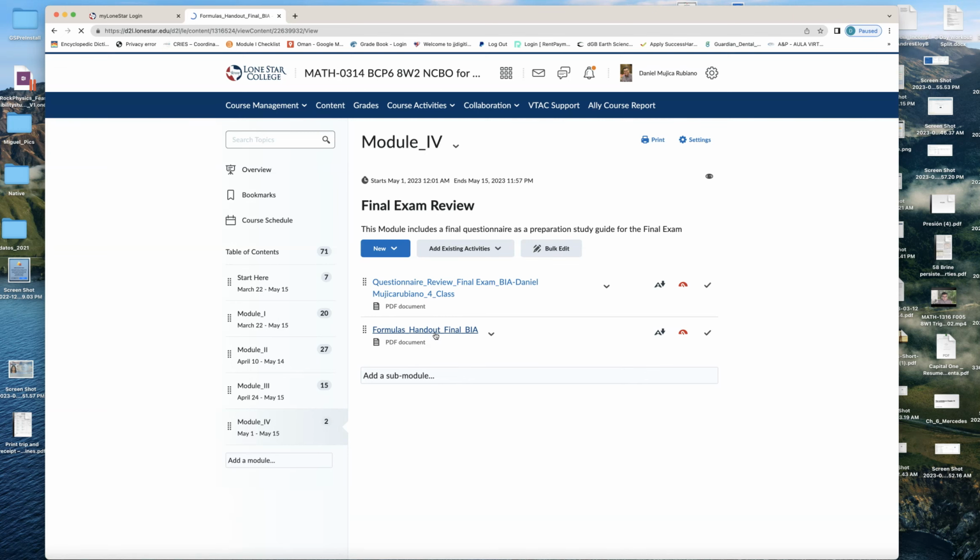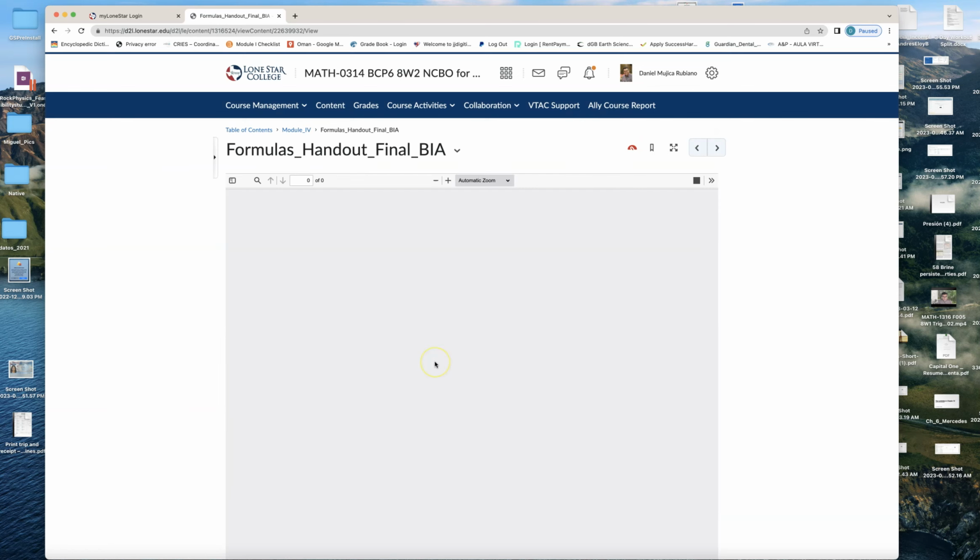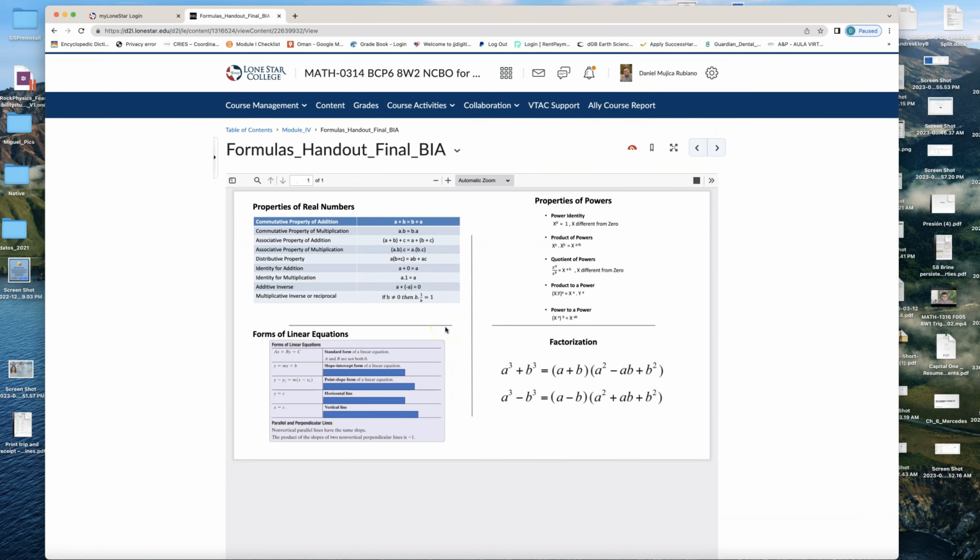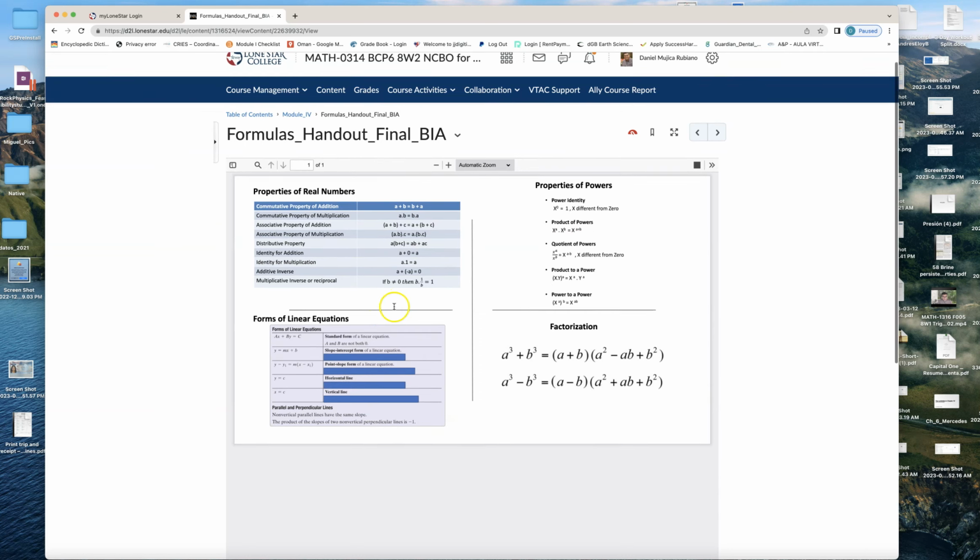So try to keep this document close to you when you take your final. As you can see, they are basically formulas to remind you what you need to do in any specific exercise that you might find in your final.